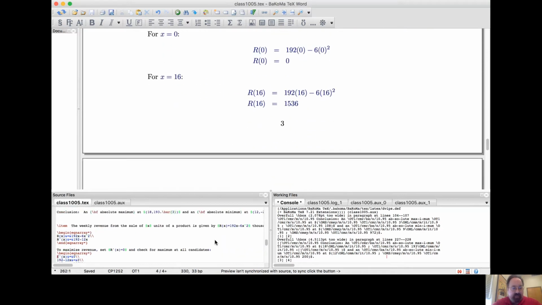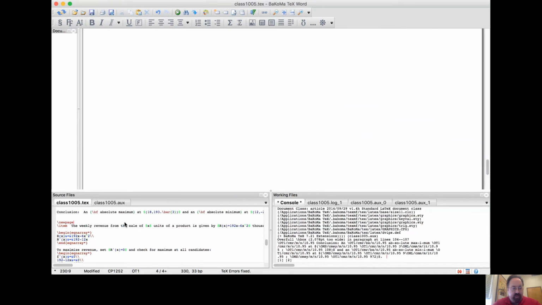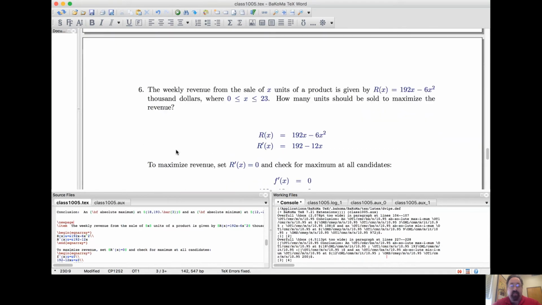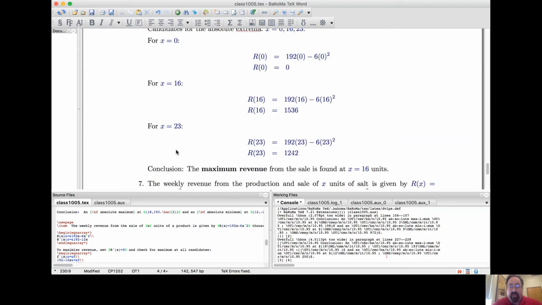Actually, let me clean this up. Then I'm going to put this on a new page. All right, so we plugged in everything. This is the largest value at x equals 16. That's where the maximum revenue occurred.